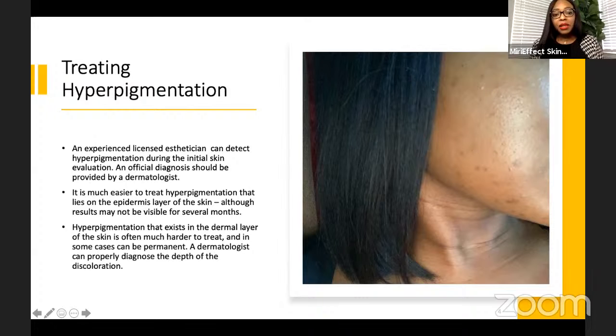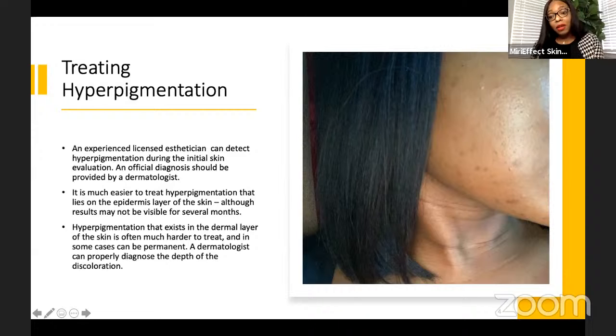But the key is to understand that when it comes to hyperpigmentation, it's much easier to treat it when it's on the epidermis layer of the skin, the outermost layer of your skin. It's a bit harder to treat it when it's on the dermis layer. And then sometimes, in some cases, once it's at the dermis layer, it can be permanent. So there might not be a cure for it.